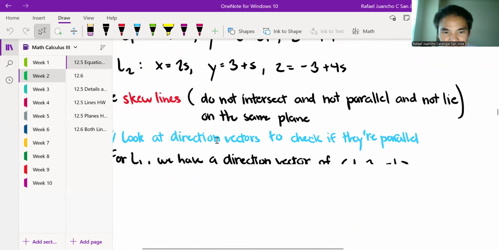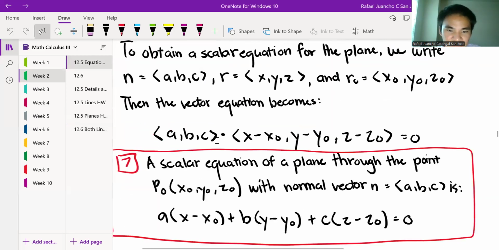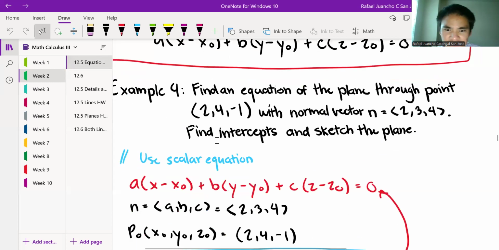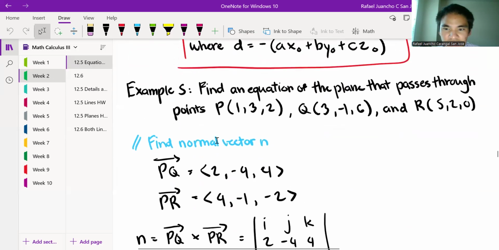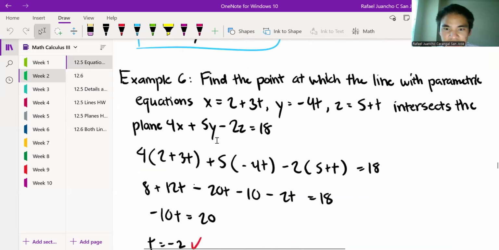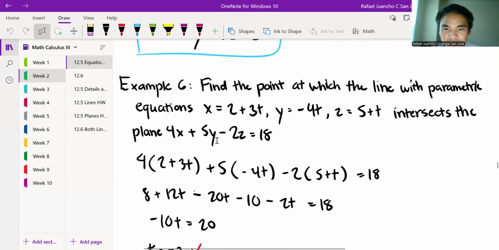No, these are lines. For planes, finding intercepts, 3 points, intersecting a plane.